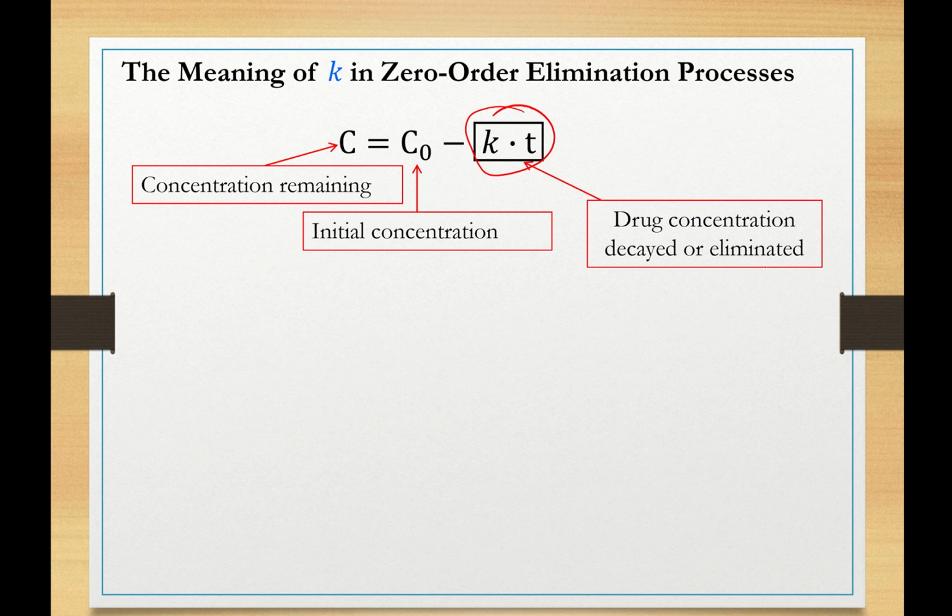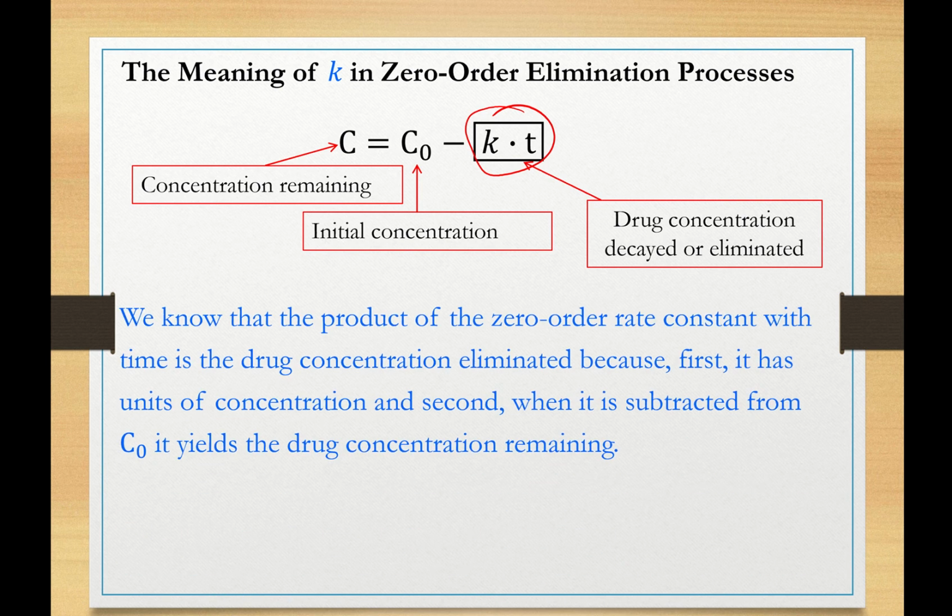So I don't need to know how much was the initial concentration or the concentration remaining. If I have the K and the time, I can determine directly the drug concentration eliminated, which is very, very important.